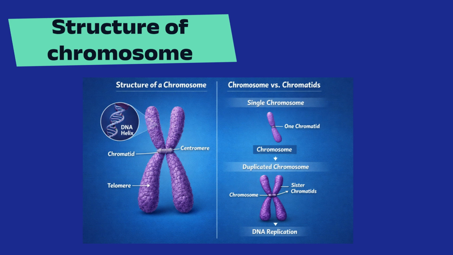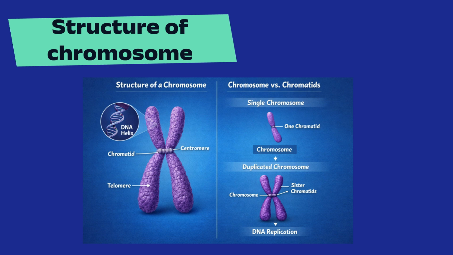Once you understand what the structure of the chromosome looks like, it will make sense when I'm explaining each phase. When you look at this image, the X structure here is a chromosome. This X structure is a duplicated chromosome, meaning this is a chromosome that has undergone DNA replication.